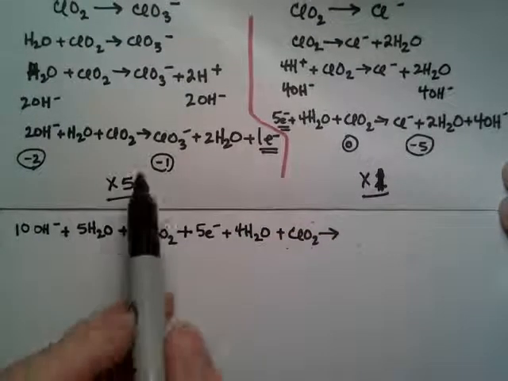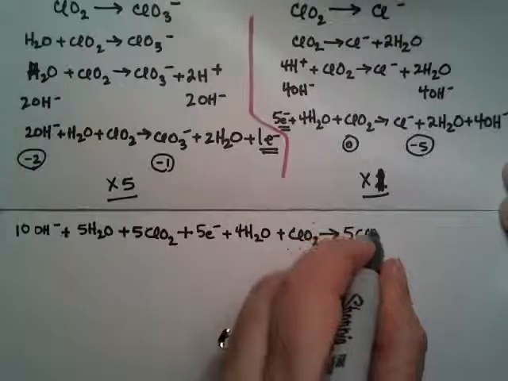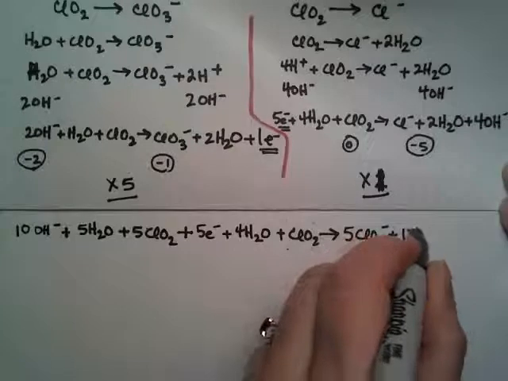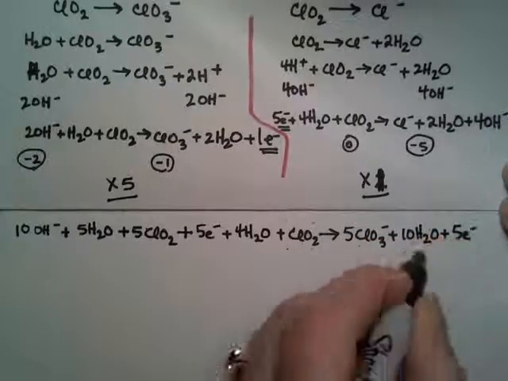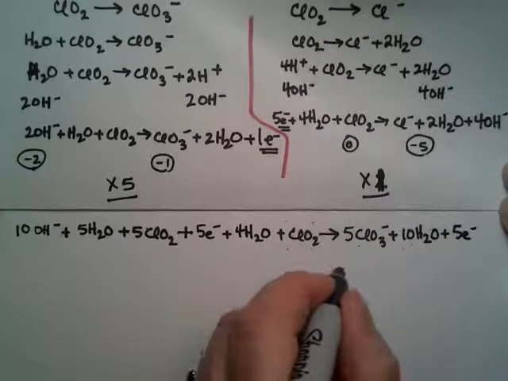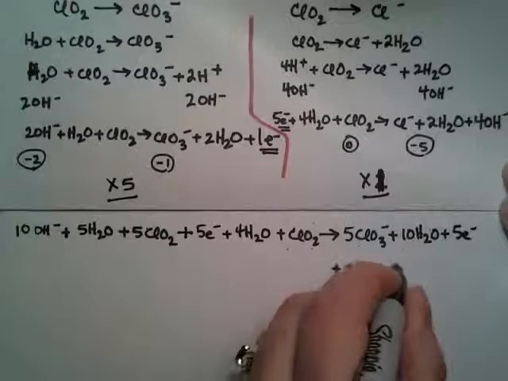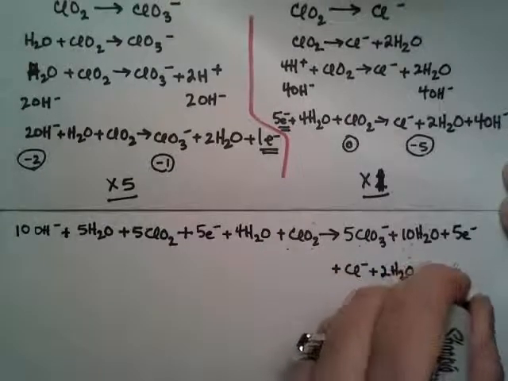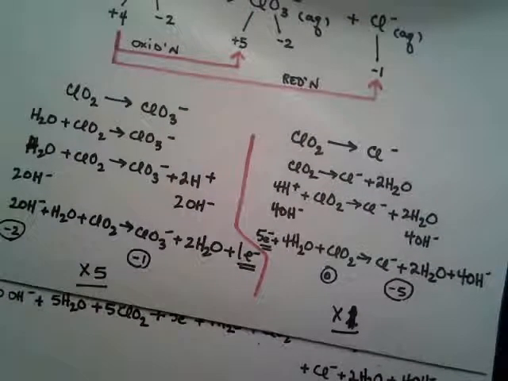Now the arrow. Back here, multiplying 5 ClO3- plus 10 water plus 5 electrons. Now over here, plus Cl-, 2H2O, and 4 OH-. Okay, whoops, I have to tidy that up a bit.